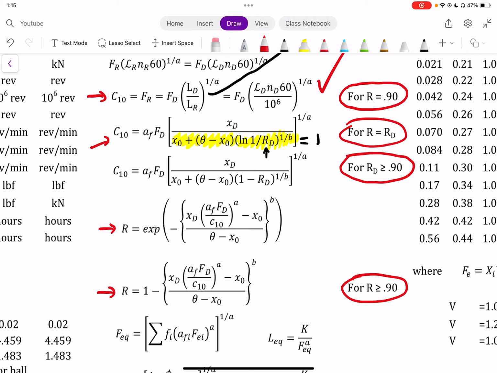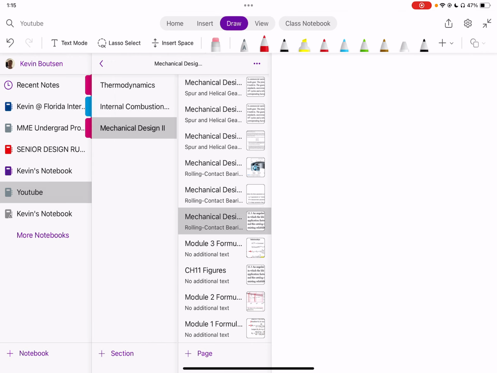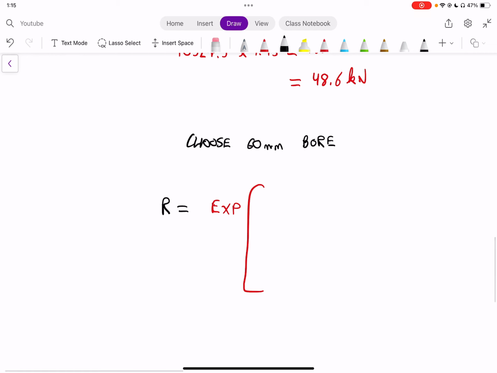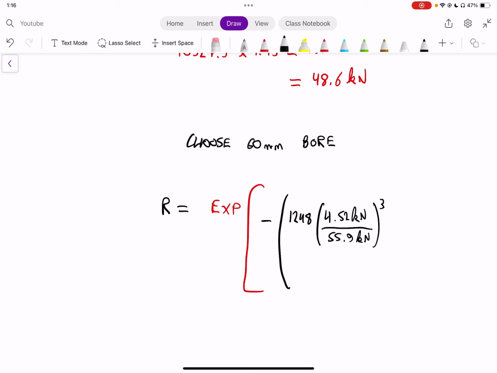So let's put in values associated with our problem. Going back to R, we have that R is equal to exponent, and I'll write inside the bracket in black: minus 1248 multiplied by 4.52 kilonewtons divided by 55.9 kilonewtons, all cubed, minus 0.02, all divided by 4.459 minus 0.02.